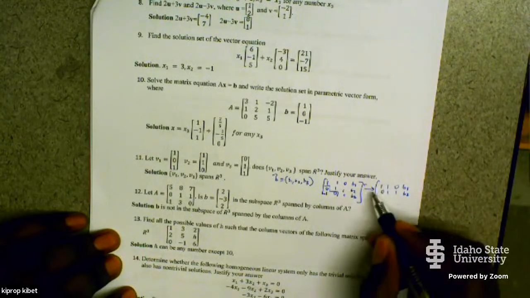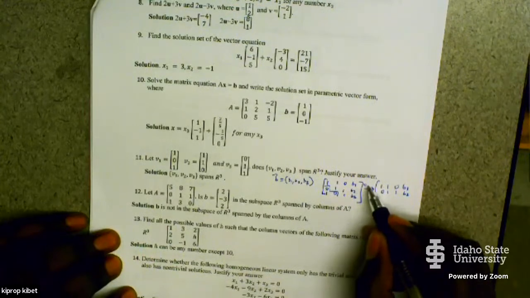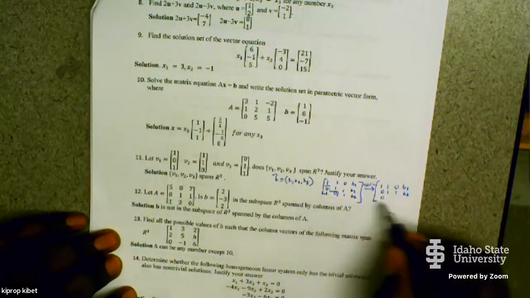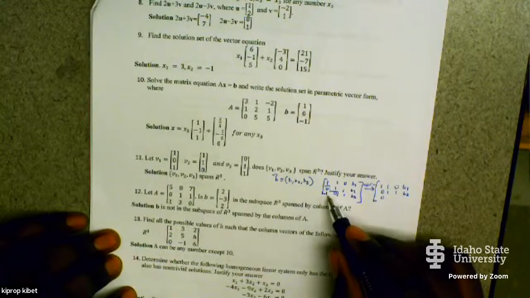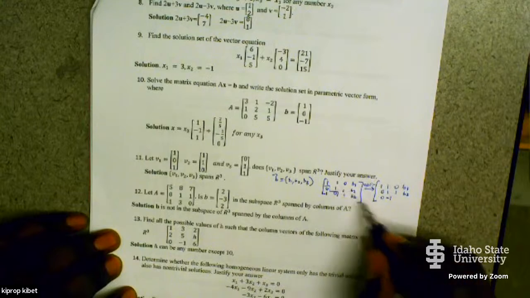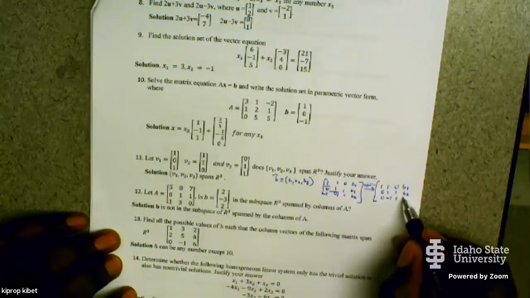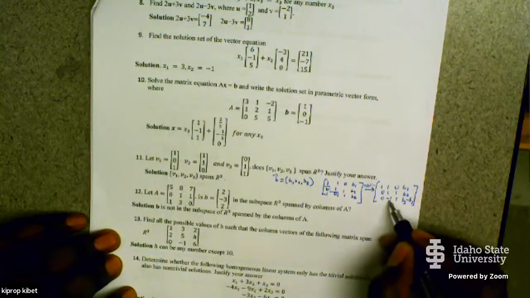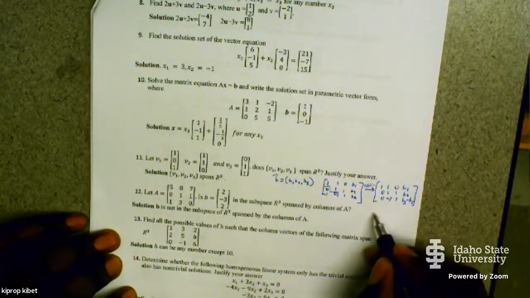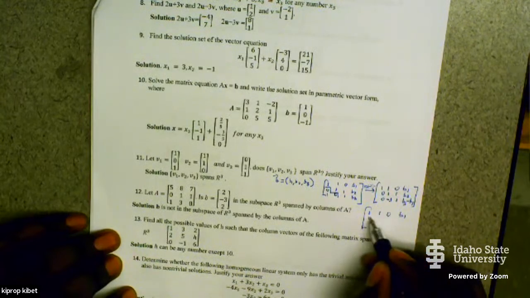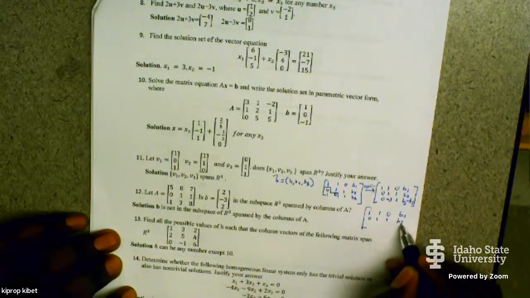So it is R1 minus R3 to get a new R3. So 0, minus 1, 1, and b3 minus b1. Again, you reduce this one by adding, right? So 1, 1, 0, b1, 0, 1, 1, b2, and then we add.